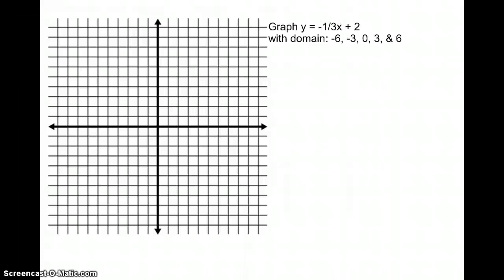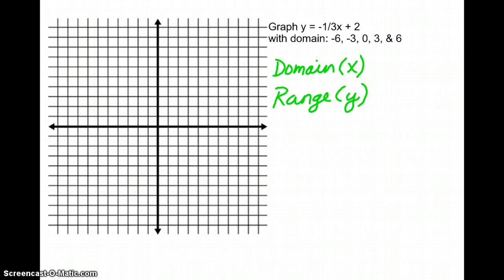So if you recall from chapter 1, domain always refers to your input values or your x's. And then the second part of this problem is to not just graph it given that domain, but then identify the range as well. And so the range are always your output values, the y.